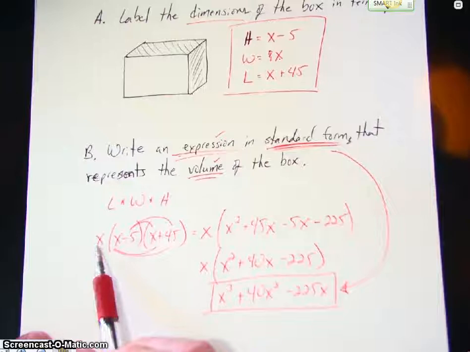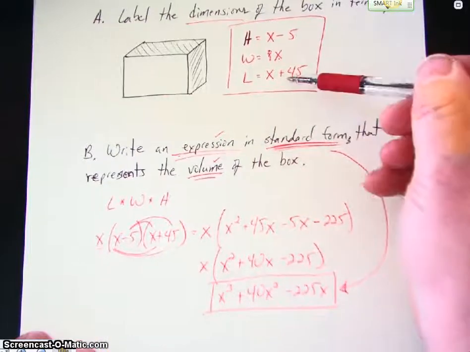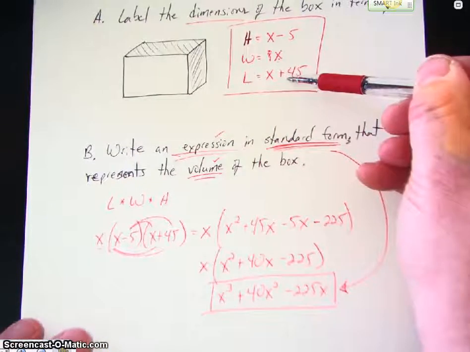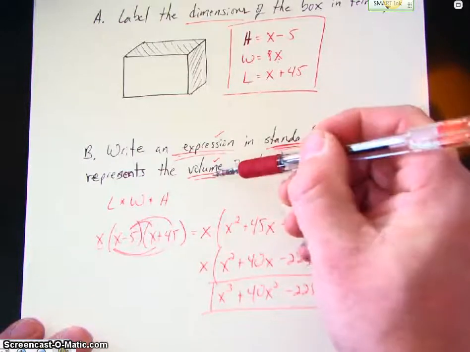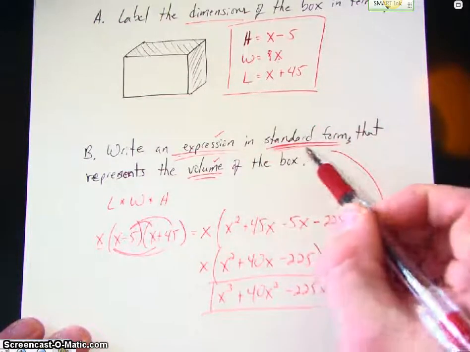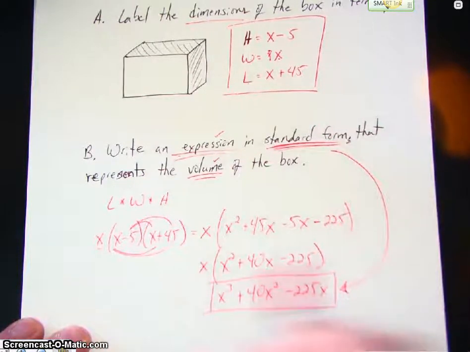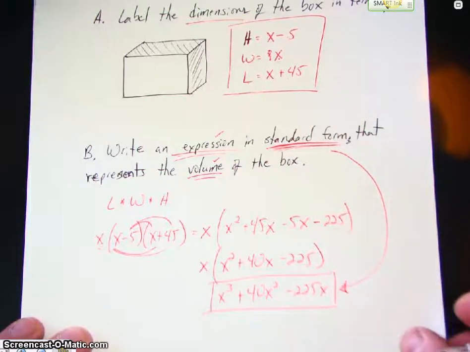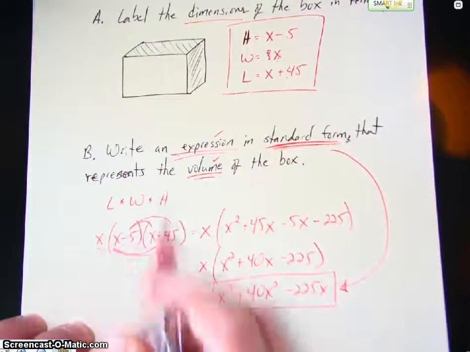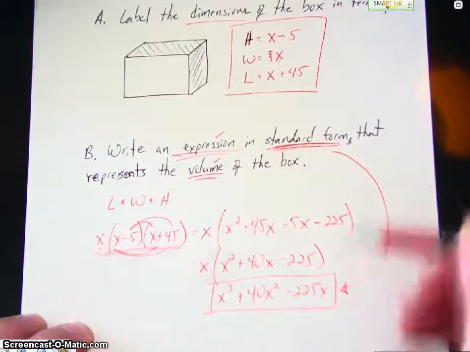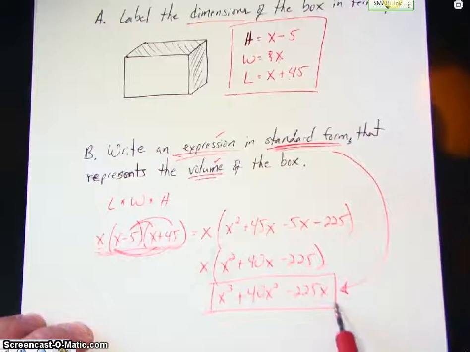So this is the expression, and now we're just taking these three dimensions, multiply them, so that gives me the expression and the volume. But for standard form, what that means is you have to multiply it out, and then you'll get this. Make sure you combine like terms, and there you go. So that's what you need to do for part B. All right. So we're looking for this statement. We want to see your work, and then we want to see the end result.